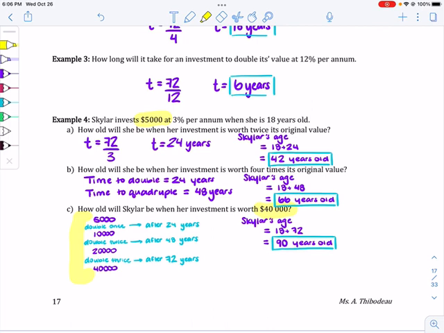I need to double with what I start off at every single time. So I have 5,000, I've doubled, I end up with 10,000. Now I get a fresh start. I have 10,000 in the bank. How long will it take for it to double? Well, we know that it'll take 24 years. So for 10,000 to turn into 20,000, it'll take an additional 24 years. So that is the one time that having the amount of money in the question can be useful to you.